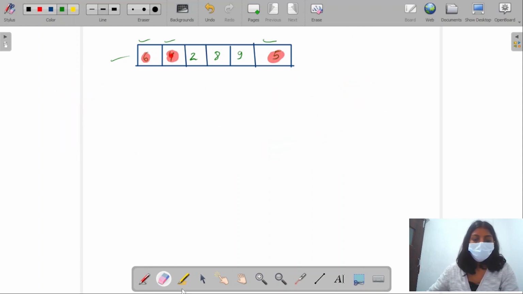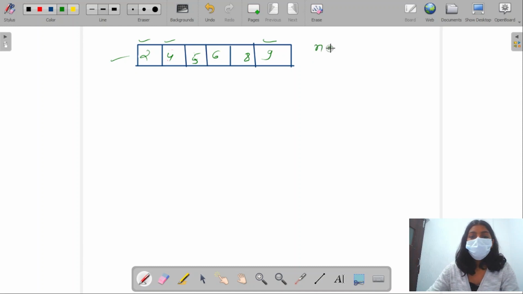Now let's sort this array. So my array would be 2, 4, 5, 6, 8, 9. Okay, so let's sort this. Now my array is 2, 4, 5, 6, 8, and 9.